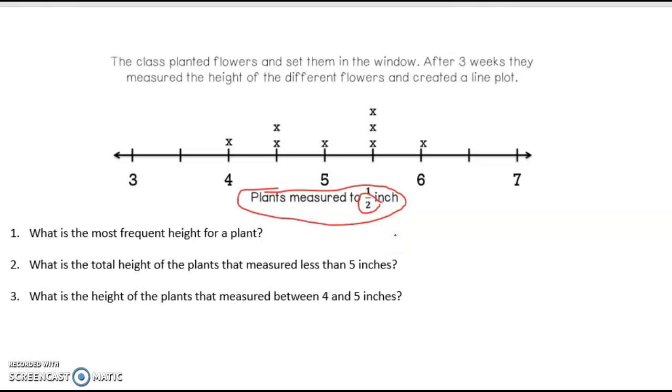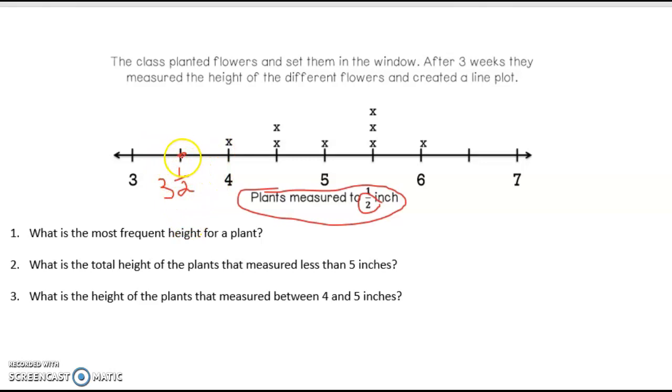We're working with halves. So if we don't know what a missing measurement is, for instance, if this is 3 and this is 4, then this spot right here has got to be the first one out of 2. So this is where your half is. So that's 3.5. There's 2 spaces.